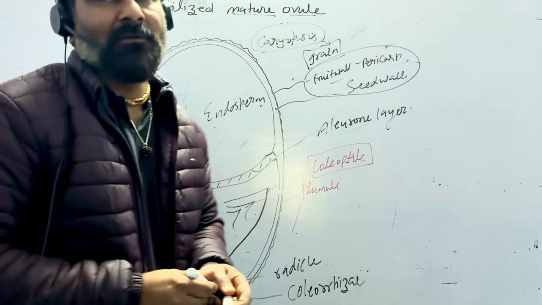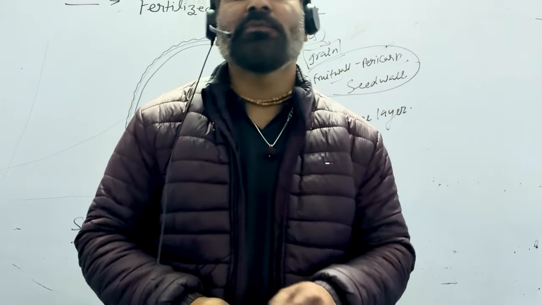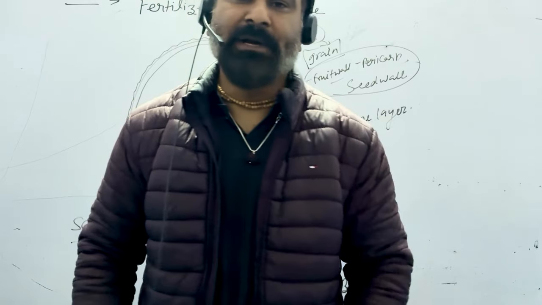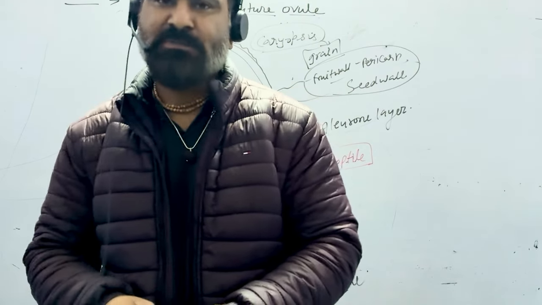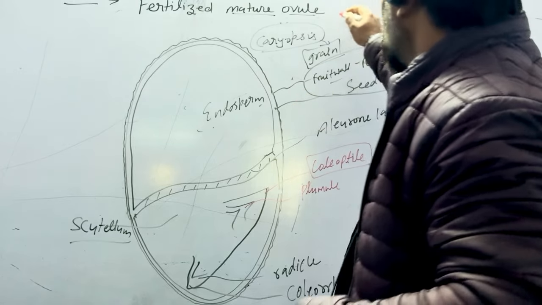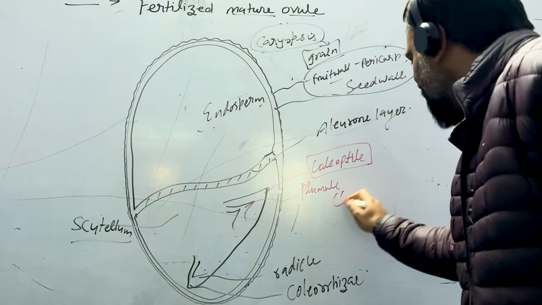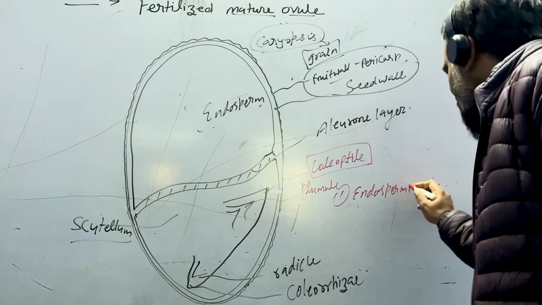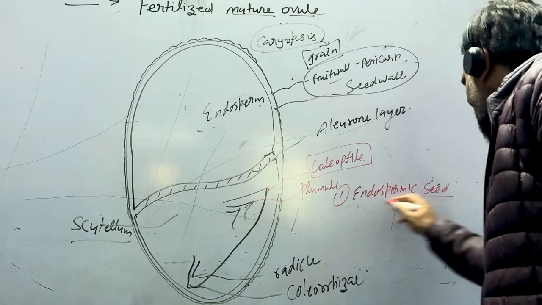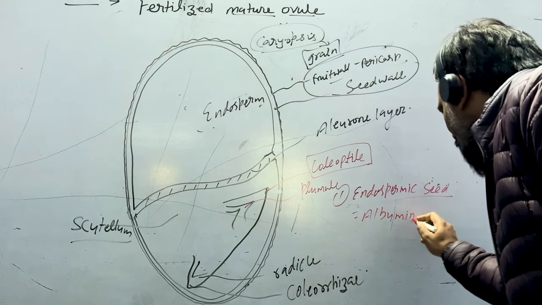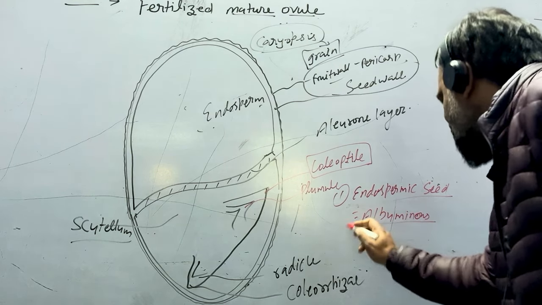Now the seeds can be of two types on the basis of reserve food material. One is the endospermic seed, or albuminous.